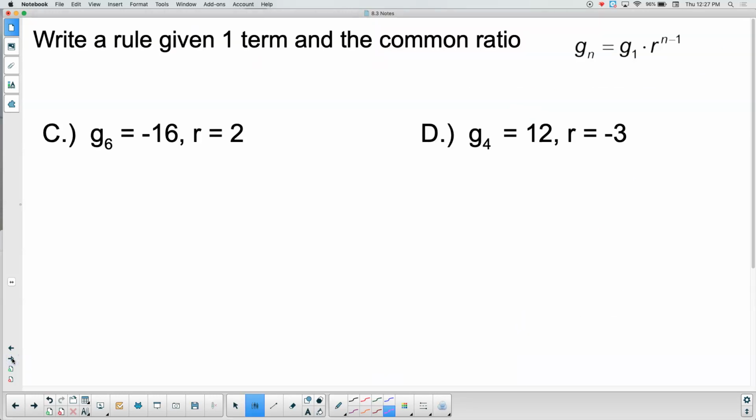Different style of problem. Write a rule given one term and the common ratio. Okay. So, based off of the fact that this is the 6th term, that would tell me that negative 16 would equal g sub 1 times my r to the 6 minus 1 power. Six minus 1 is 5.